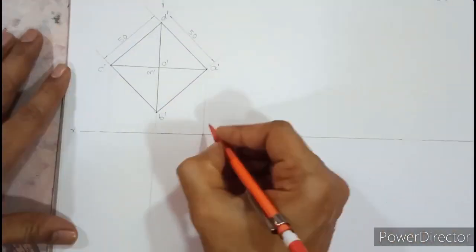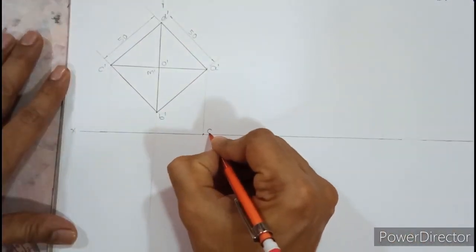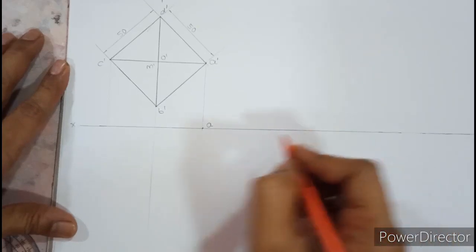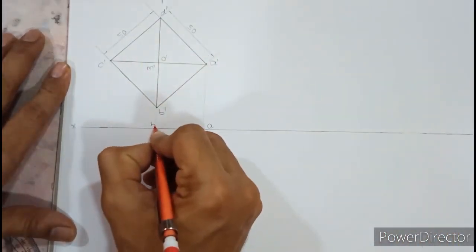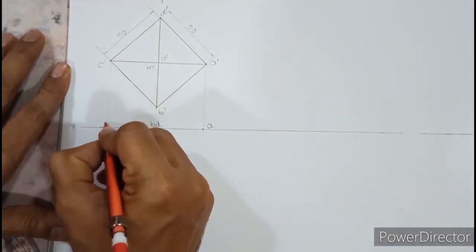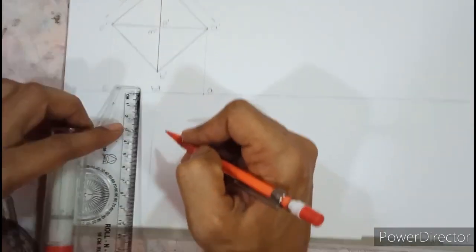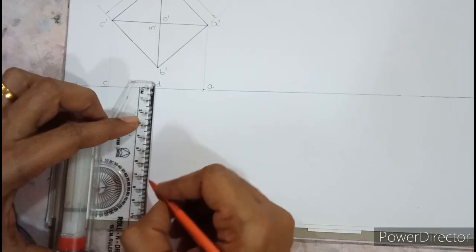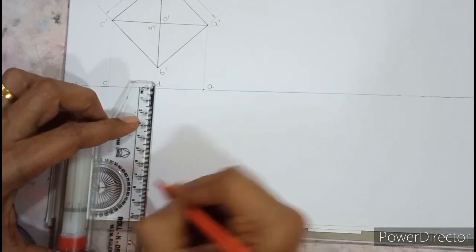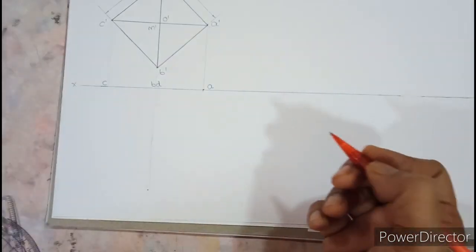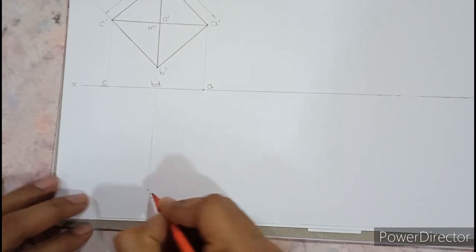So once this is done, this point will be A. Center you'll get B and D. This point is C. Axis side given in the question is 80, so we can mark 80 from here directly by scale. This point will be our point O.